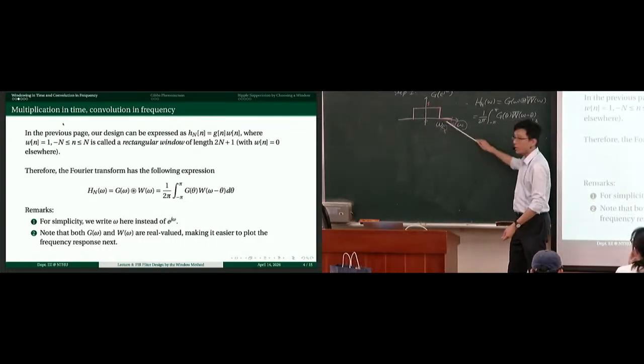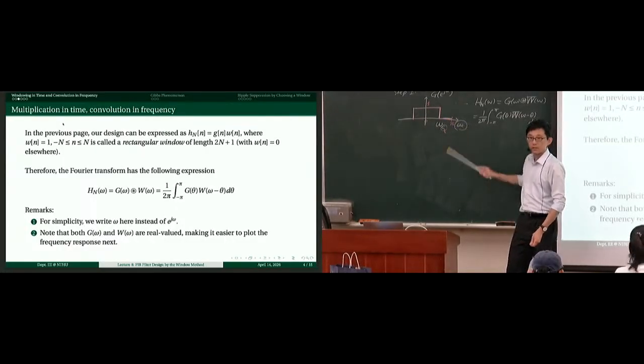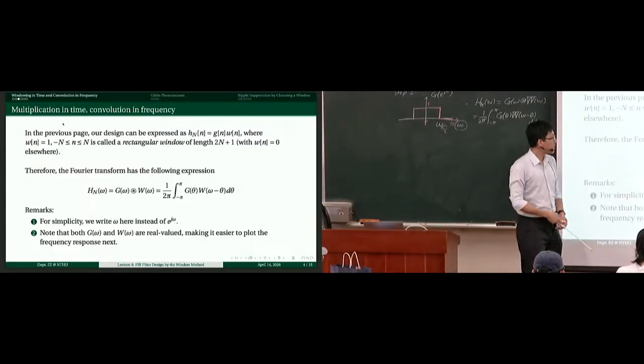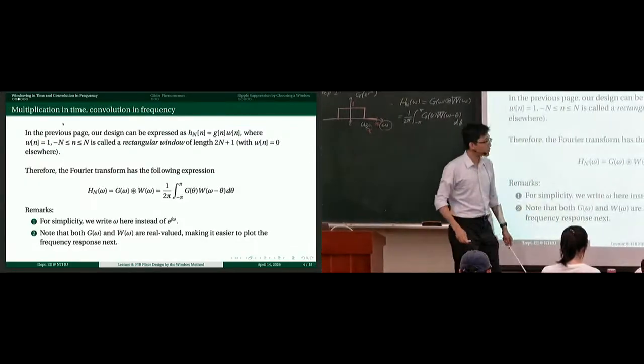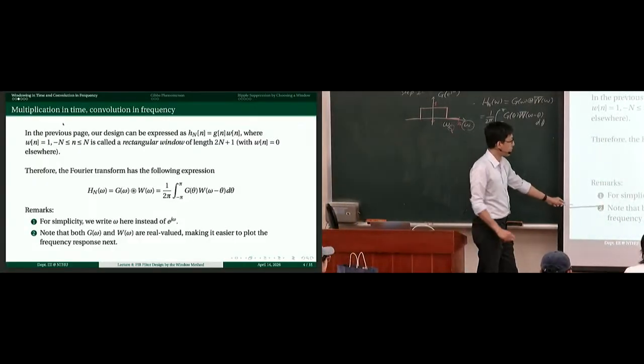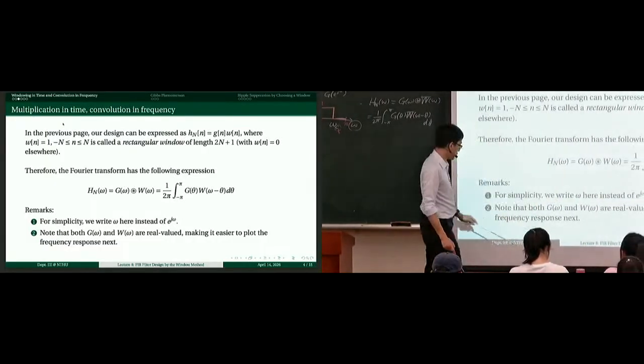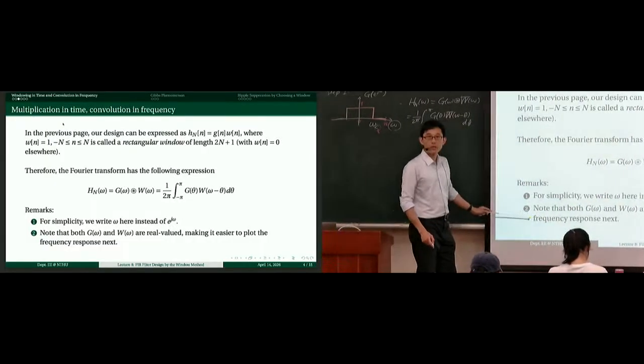It's all real valued, being either 1 or 0. Real valued. Nice, okay? But how about W? Big W, it turns out, is also real valued. Both G and big W are real valued. And this will make our calculation easier later.